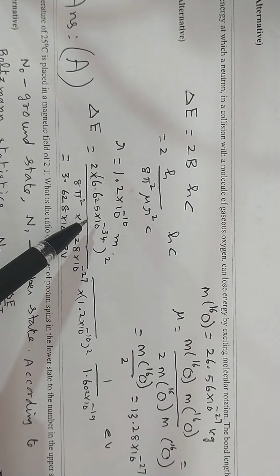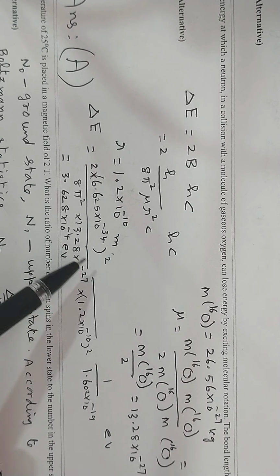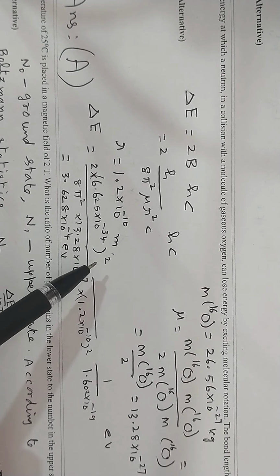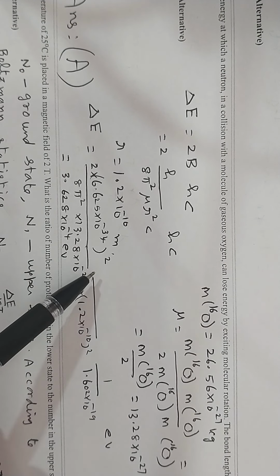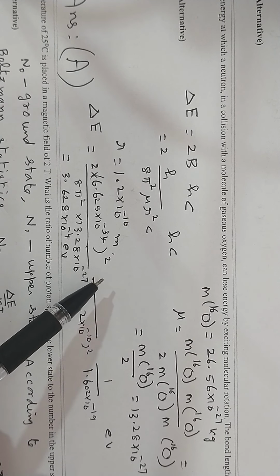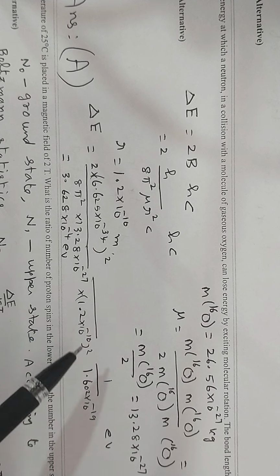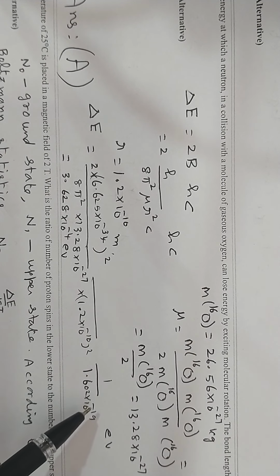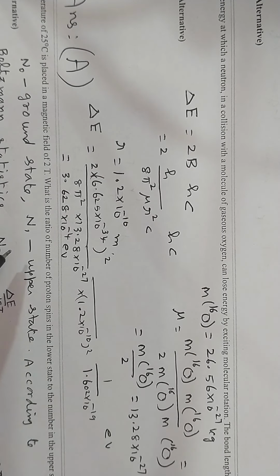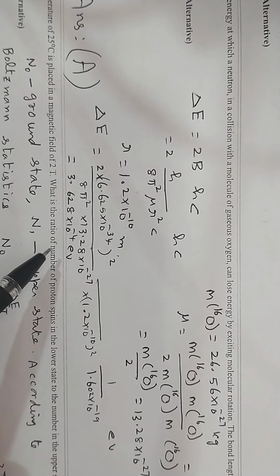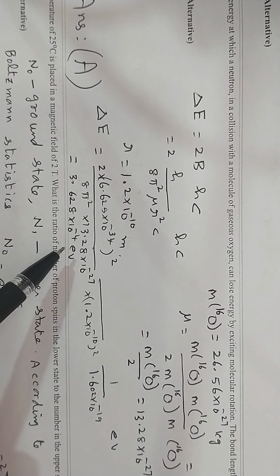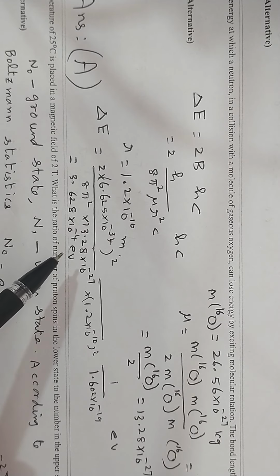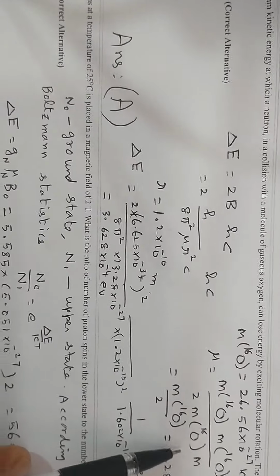Once you substitute this value in the above expression, you will get the energy in joules. In order to convert joules to electron volts, you have to divide by 1.6 × 10^-19. Once you do this division, you get the result in electron volts, which is 3.628 × 10^-4 electron volt. So option A is the correct one.